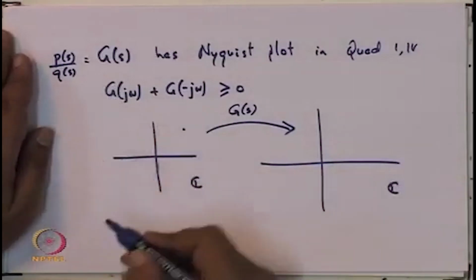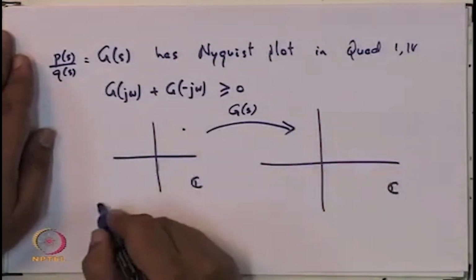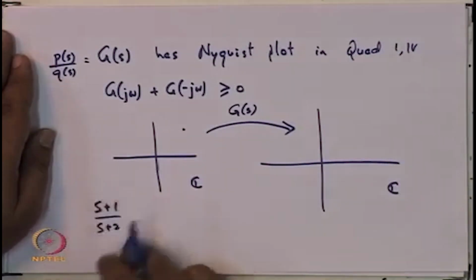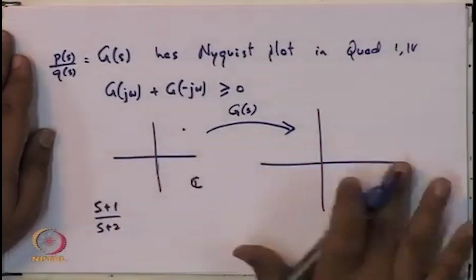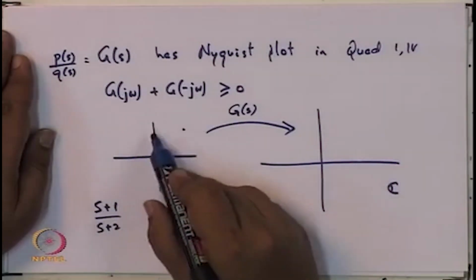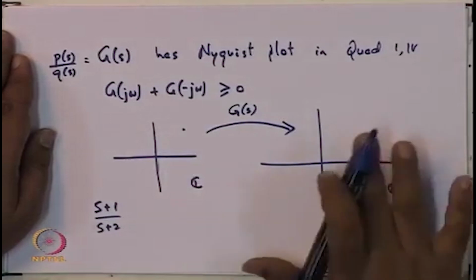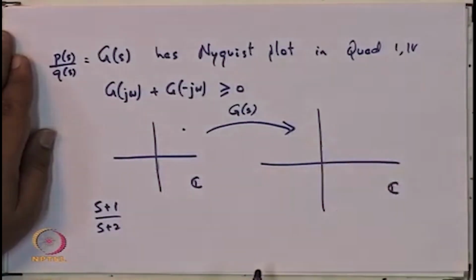Now, there are several examples of such things. So, for example, if you use (s plus 1) by (s plus 2), this transfer function, when you look at this map and you look at where the imaginary axis maps to, that will lie completely in the right half.